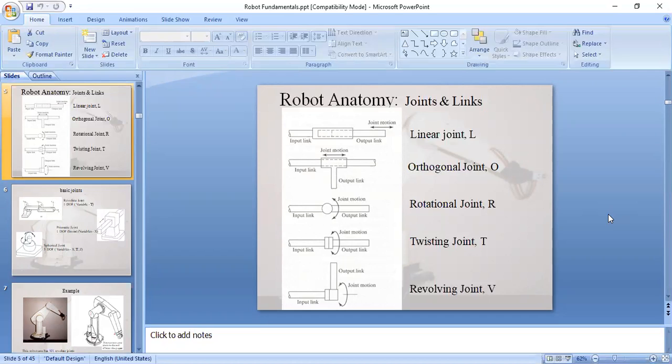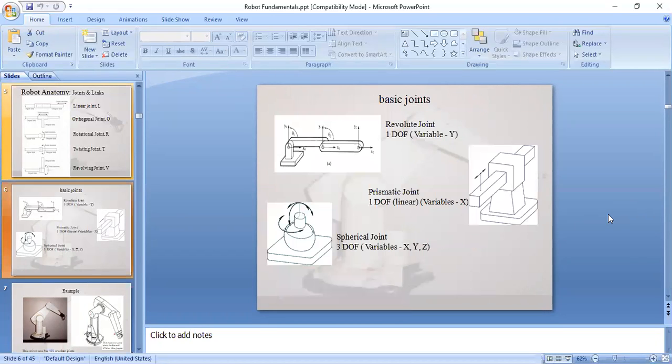Twisting joint, one link is fixed, another link is rotated about that joint. Then revolving joint. So these are types of joints used for various robotic manipulator design.